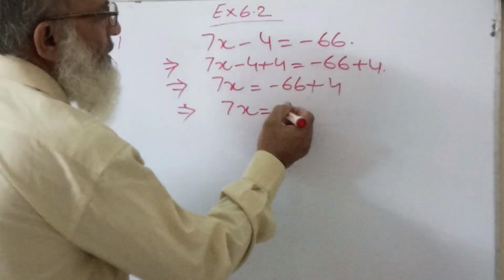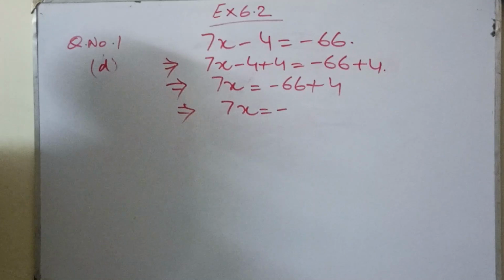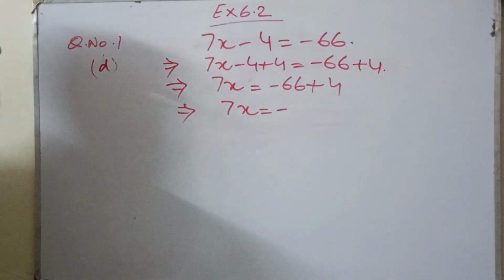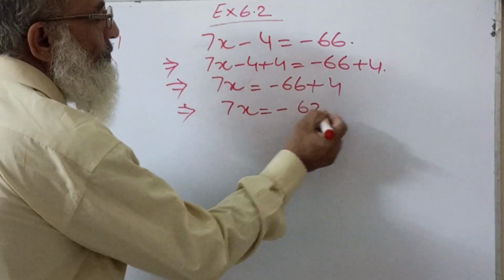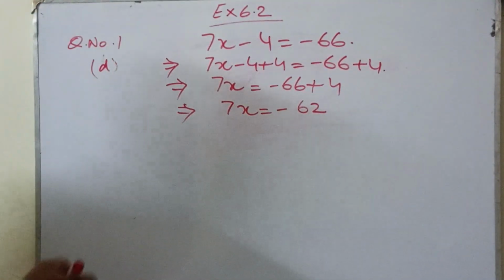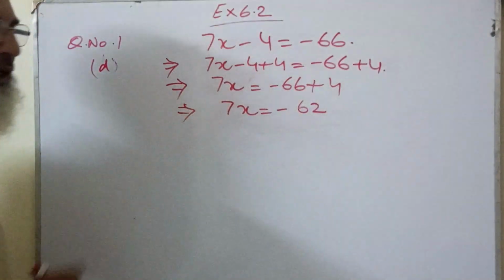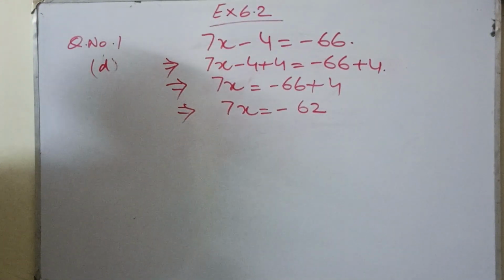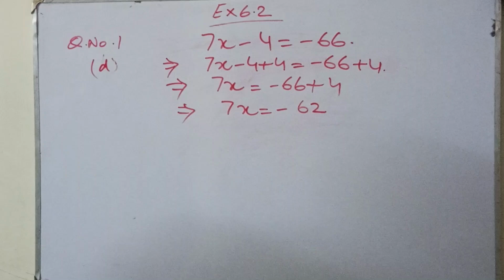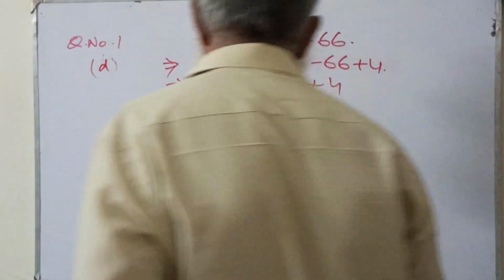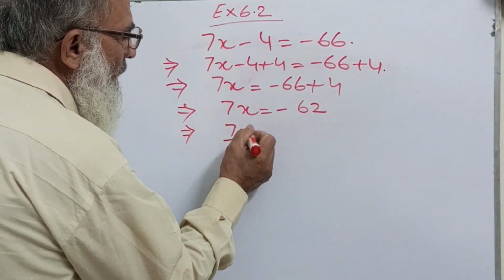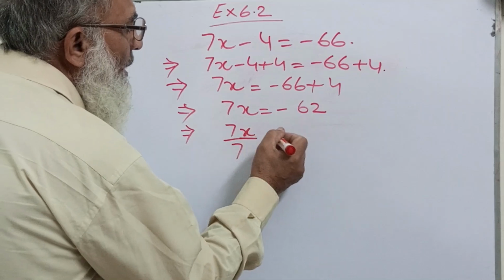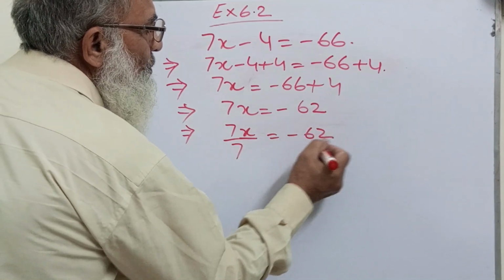We get minus, because the bigger number is 66 with sign minus, so it will become minus 62. Now we have to find the value of x, not the value of 7x. So it will become x is equal to minus 62 divided by 7.